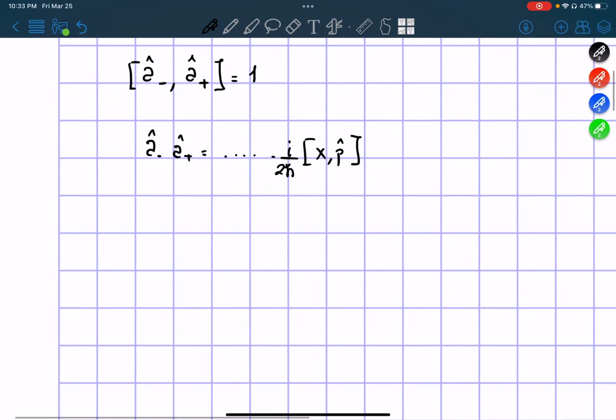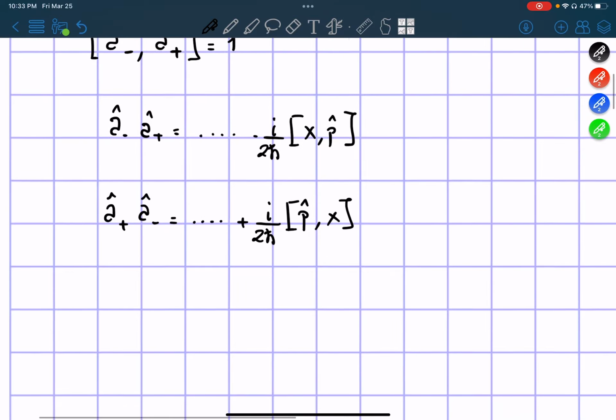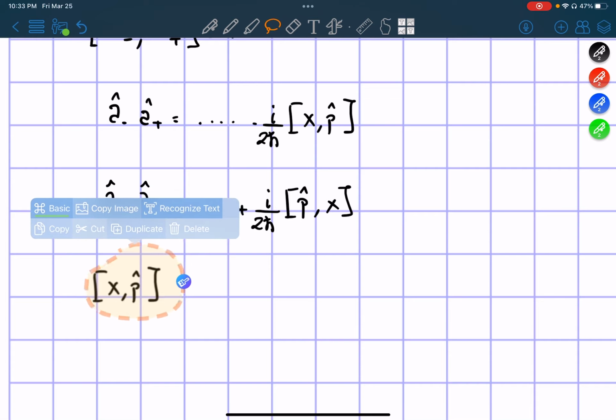That means that our A positive times A negative is going to be equal to a series of things plus i over 2 h bar and then the commutator of p hat, x. So let's find this first part that we have.